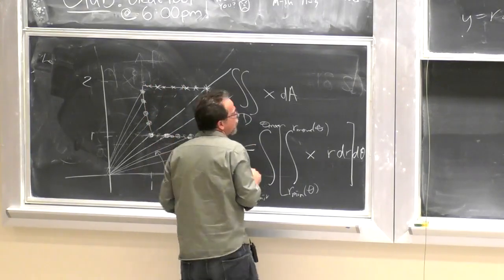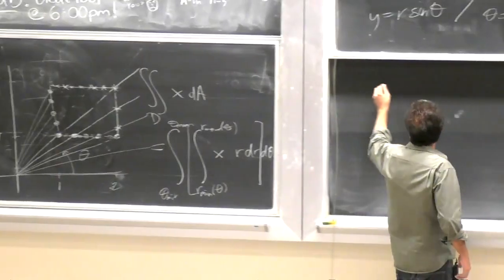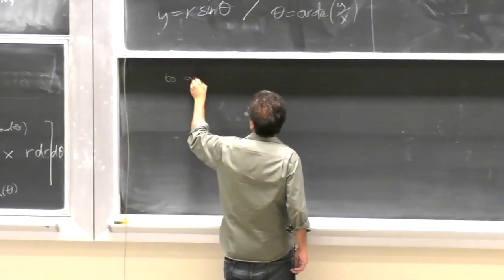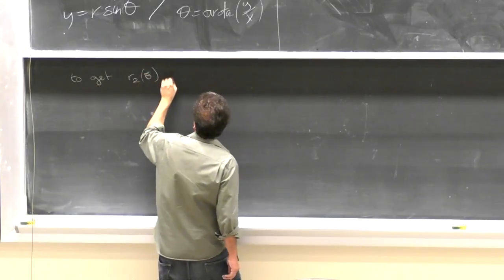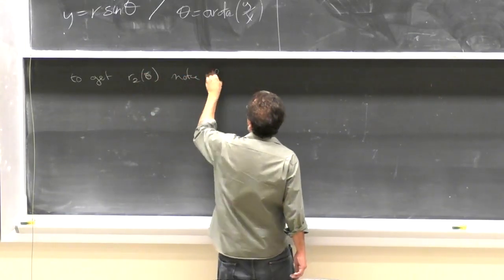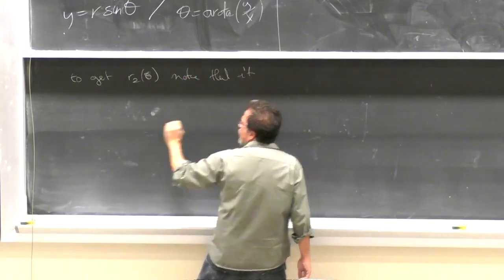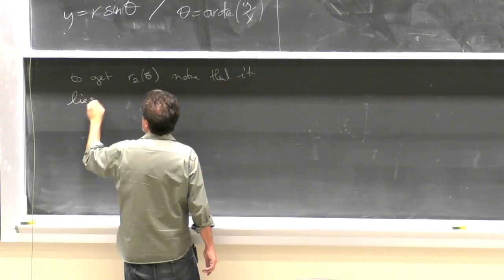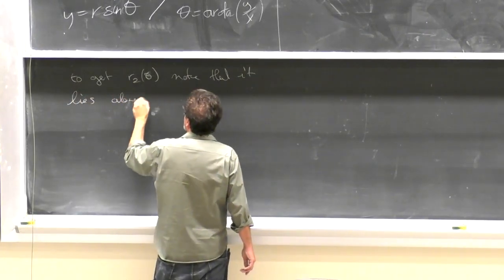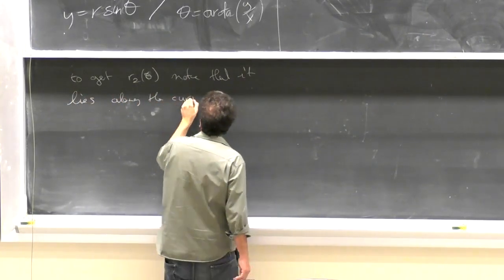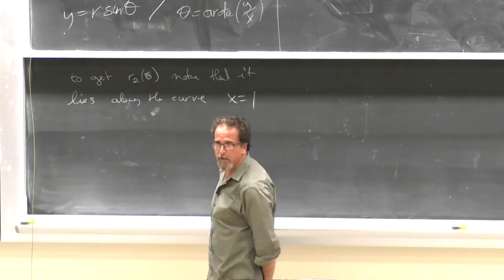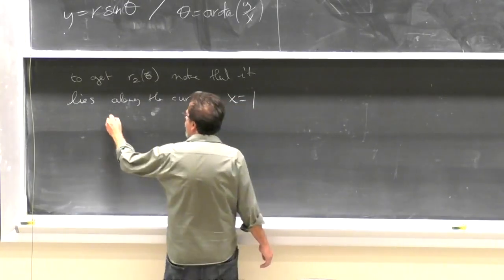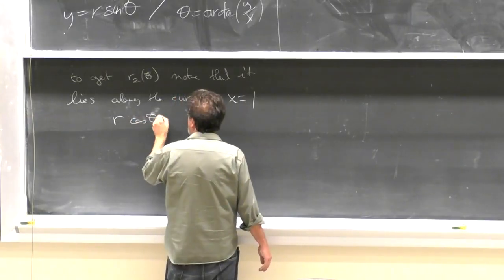Okay, so to get R2 of theta, note that it lies along the curve x equals 1, right? That's the x equals 1 curve going up and down. So that's r cosine theta equals 1.